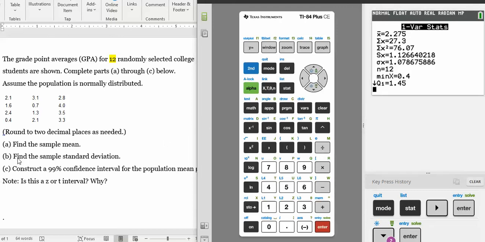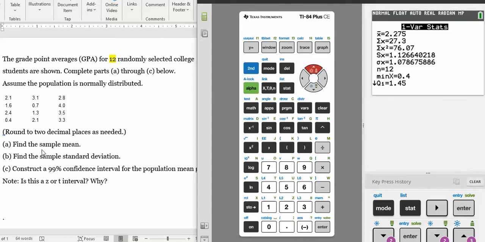And the second one, you want to find the sample standard deviation. Actually, this function also shows you the sample standard deviation. You just need to know where to look, okay? So look at that, scroll it down. Sx is the sample standard deviation. The calculator automatically gives you 2 standard deviations, one for the population, one for the sample.